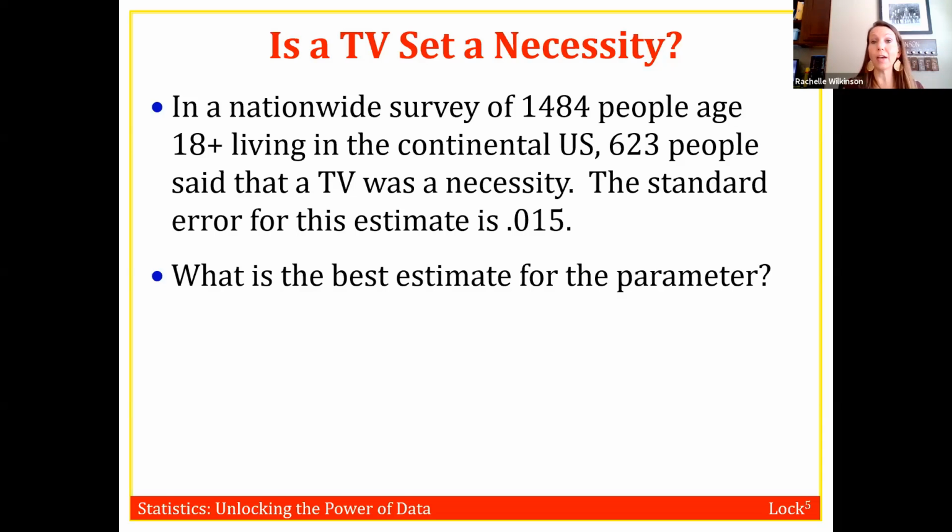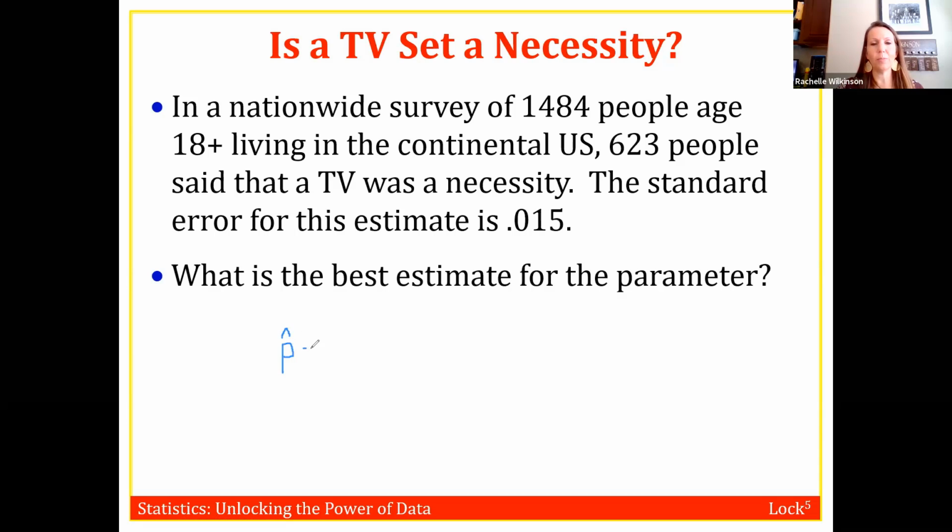We don't have a value for the parameter because we didn't measure everybody in the population, but we do have a value for the sample statistic because we did measure everybody in the sample, by definition. If my parameter was P, what is my statistic notation? The notation for the population was P, so for my sample it's P hat.